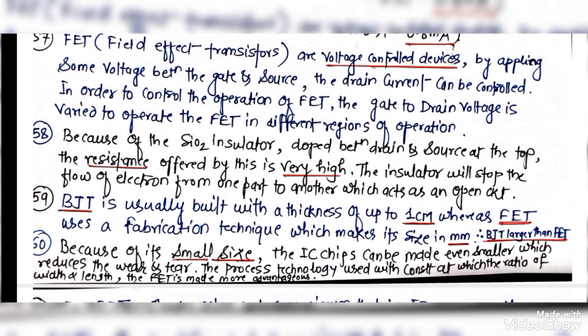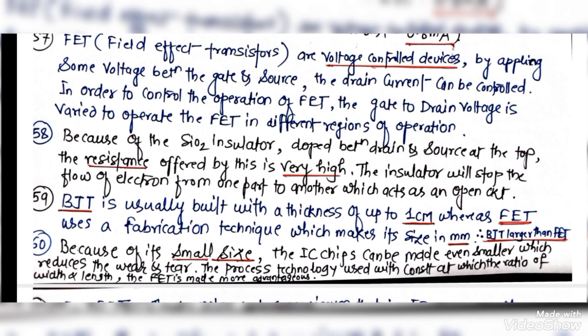FETs, field effect transistors, are voltage controlled devices. By applying some voltage between the gate and source, the drain current can be controlled. In order to control the operation of the FET, the gate to drain voltage is varied to operate the FET in different regions of operation.